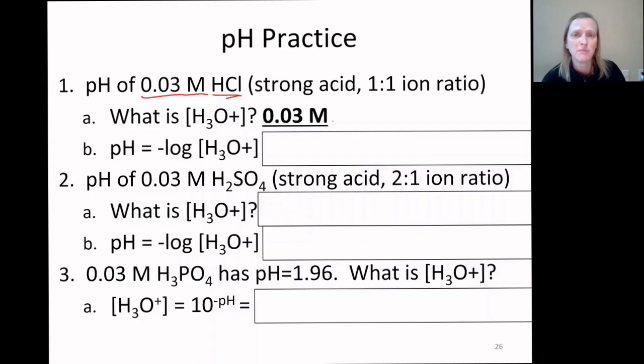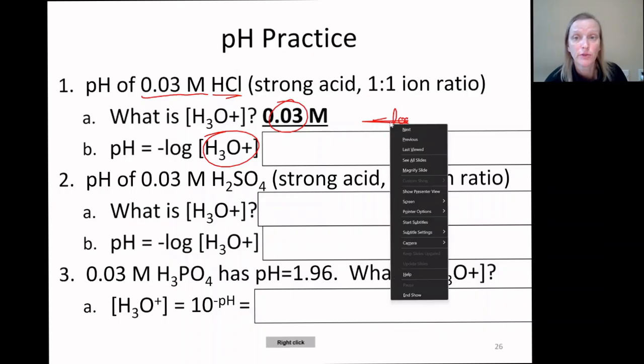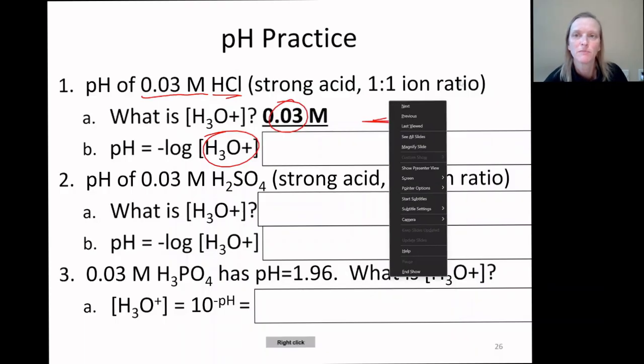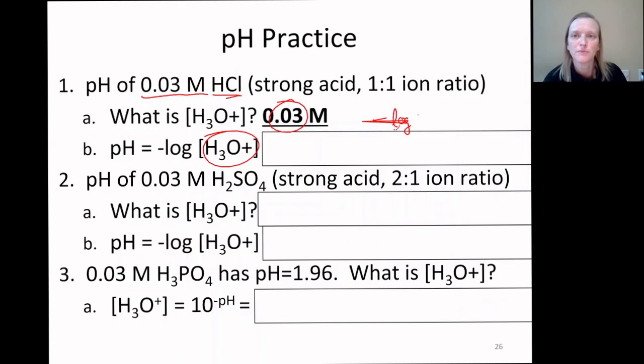Then, if I calculate the pH, I need to put this concentration in here. So I want to find the negative logarithm of 0.03. My eraser is not working, so we'll just deal with those scribbled in markers. So, negative logarithm of 0.03 molar.